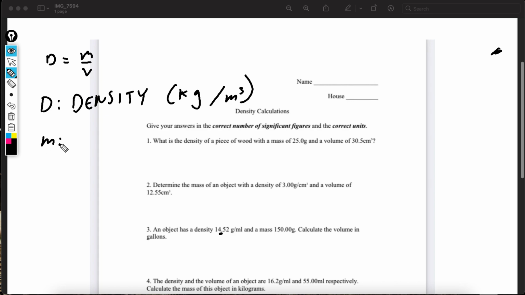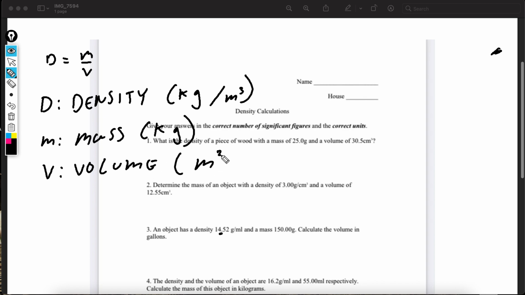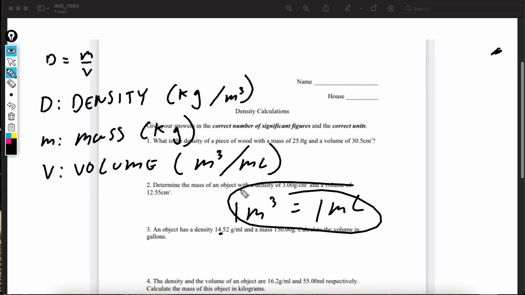We got mass, which has been categorized as just kilograms. And last but not least, we got volume, which can be shown as meters cubed, and it's synonymous with milliliters. So 1 meter cubed is equal to 1 milliliter, just as a quick illustration. So that's pretty much what we're doing.